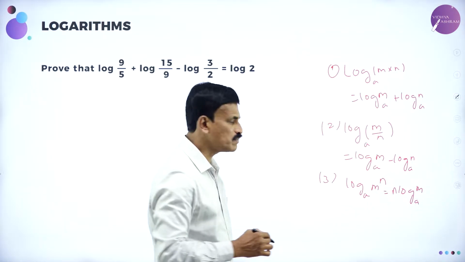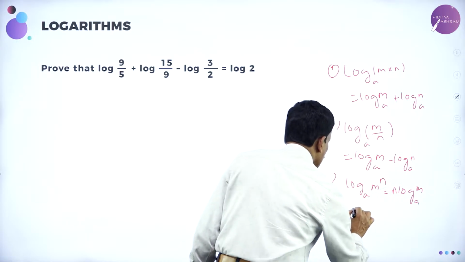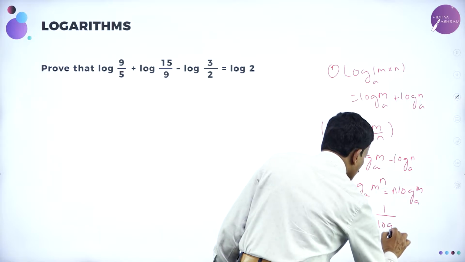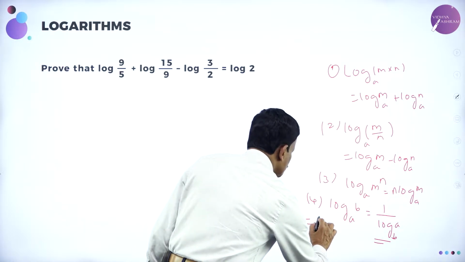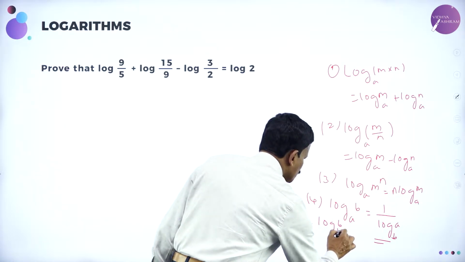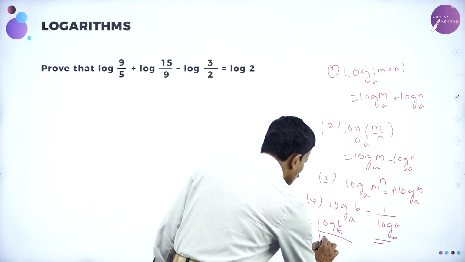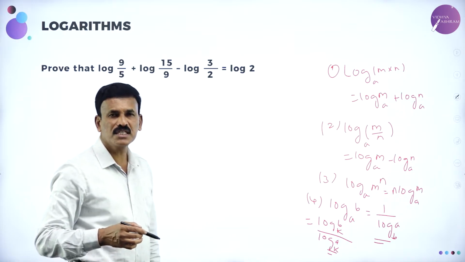And the last one is the base change rule. What we have studied, logarithm of a to base b is equal to 1 over logarithm of b to base a. Or this can also be written by changing the base to k: log of b to base k divided by log of a to base k. These are the laws which we have studied in the previous class.